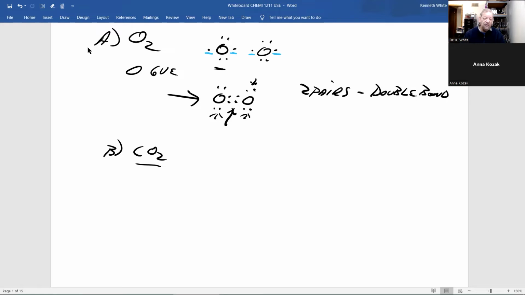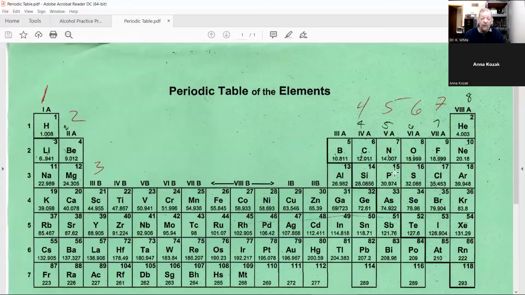Now, first of all, to do the Lewis structure of CO2, you have to do what? Find out how many valence electrons carbon and oxygen have. Well, carbon over here on the periodic table, look at the top, you see 4 valence electrons.